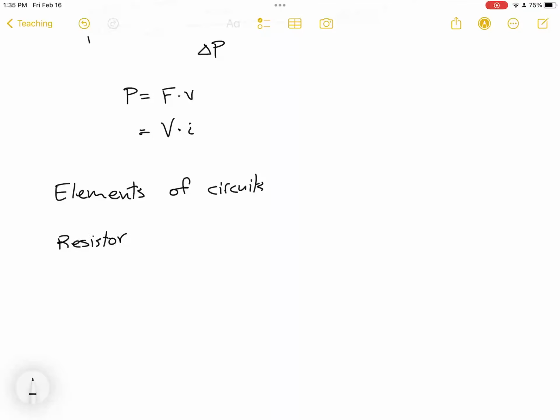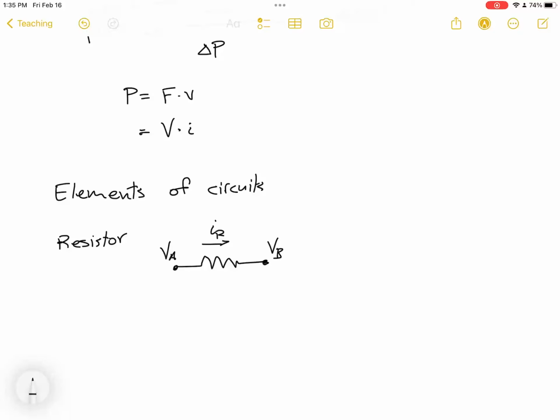A resistor is drawn kind of like a zigzag line. A resistor is going to have some current IR going through it, and there's going to be some voltage or some pressure on one side and some voltage on the other side.